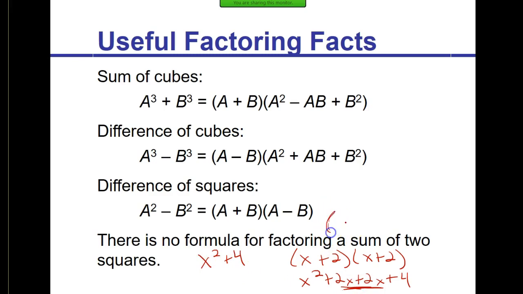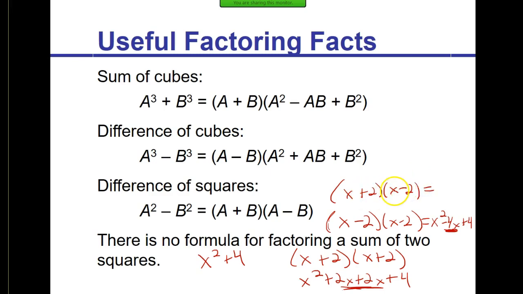Let's try x minus 2 times x minus 2. Well, it's going to be the same thing. I'm going to get x squared, and then negative 2x minus 2x will be minus 4x plus 4. So I've still got something in the middle. The last one you could try would be plus and minus.